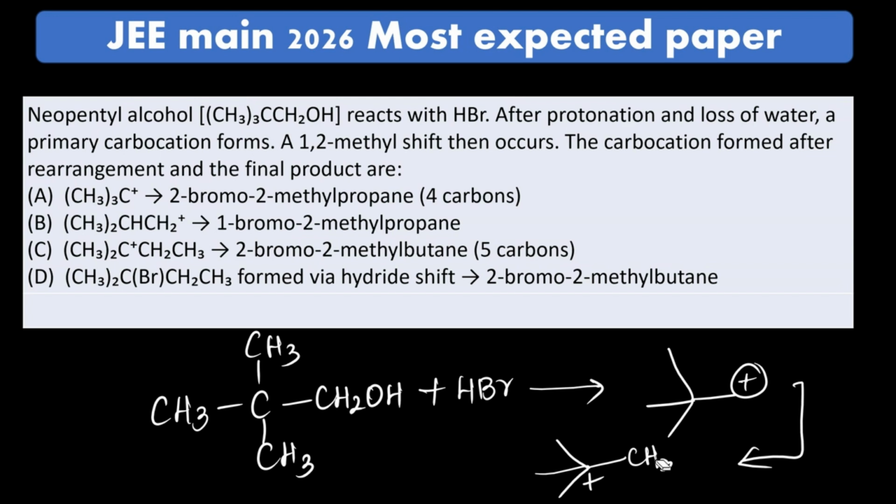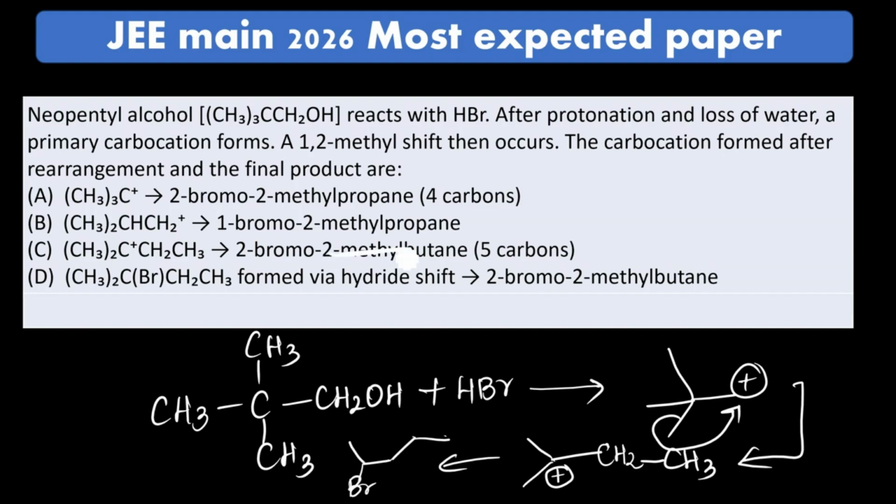From here the methyl group goes there, so this will become the positive charge and another CH3 group will get joined. Okay, so what are the options given? 2-methylbutane, pentane, bromo, pentane. Okay, so that will be your right answer.